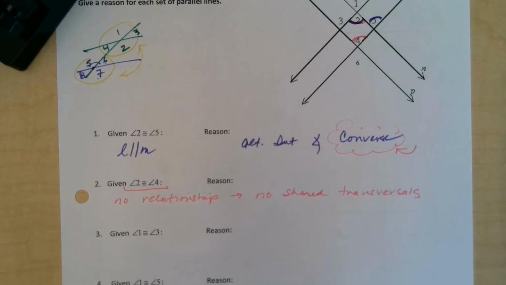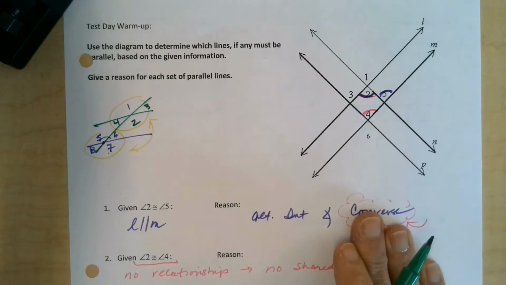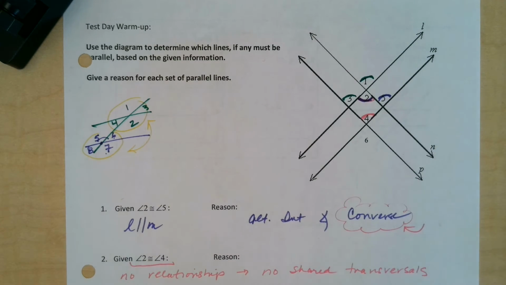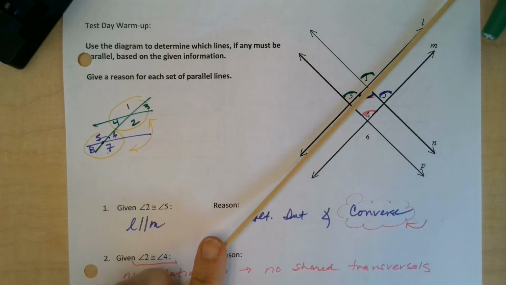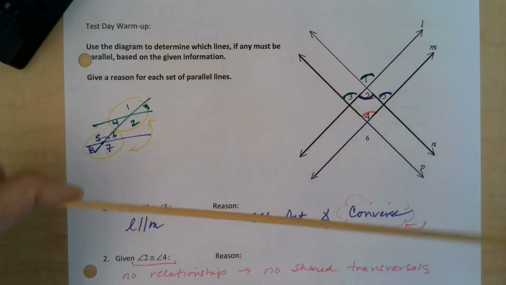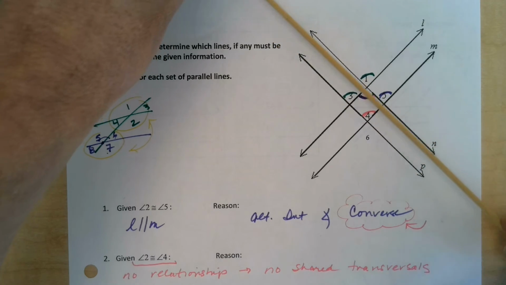All right, let's talk about angles 1 and 3. If I have angle 1 and angle 3, if I go to put my pencil, I can see they both share line L. And they're in corresponding positions or matching positions with their lines.